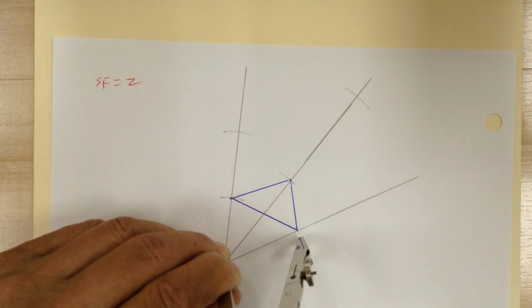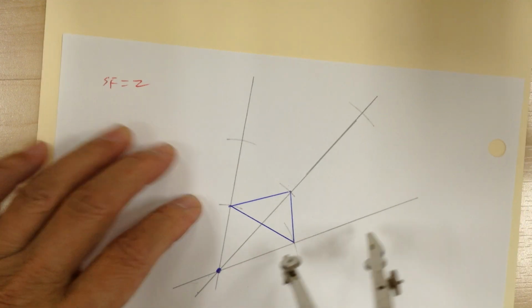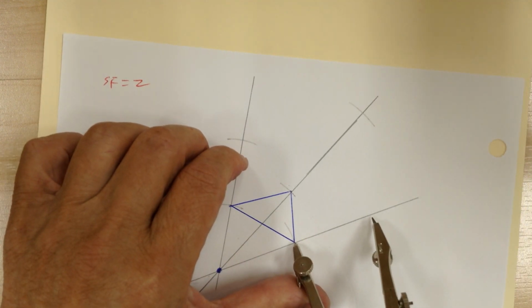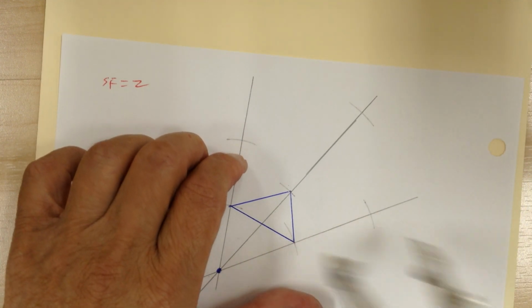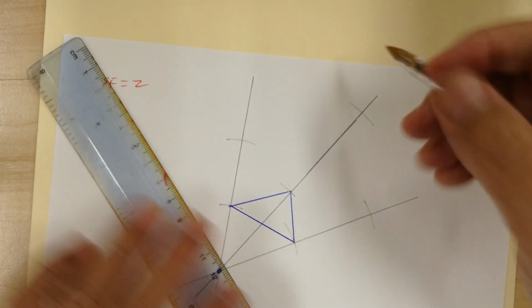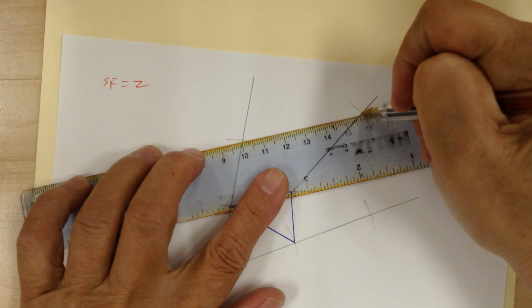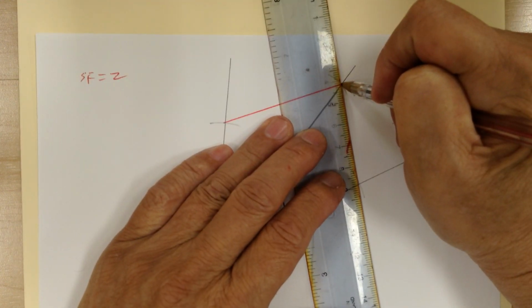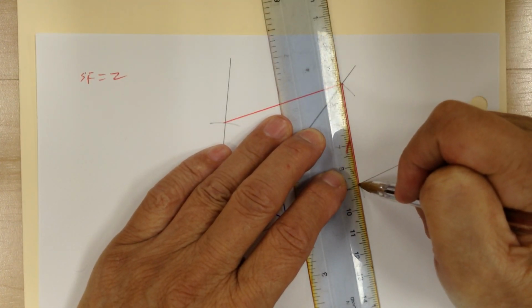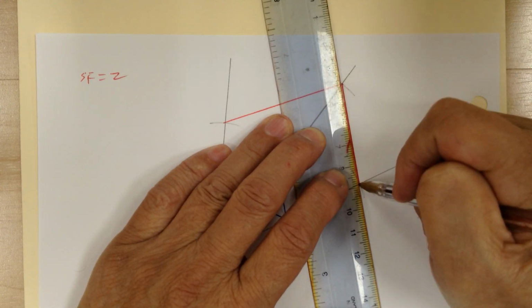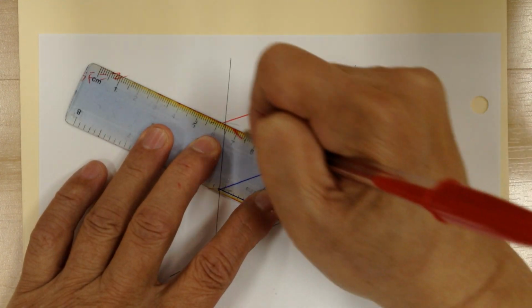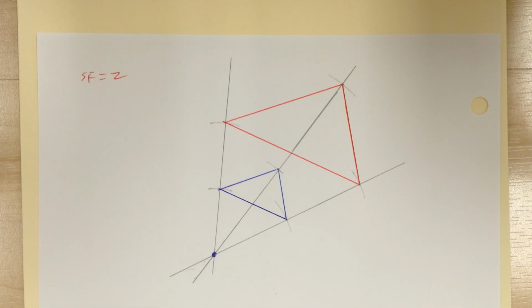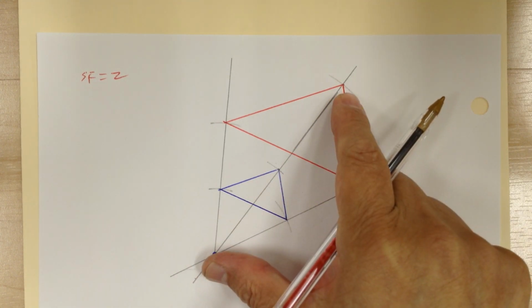So that's 1, 2. And after you connect the 3 points, that's how you do the enlargement.